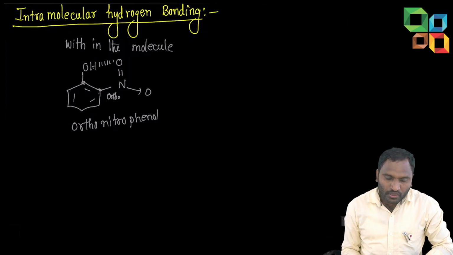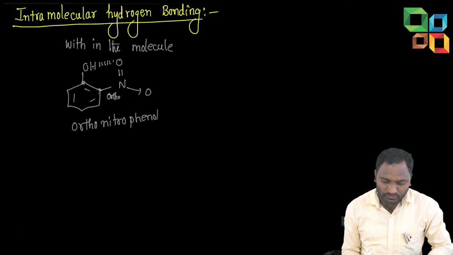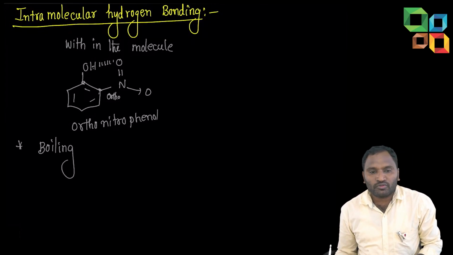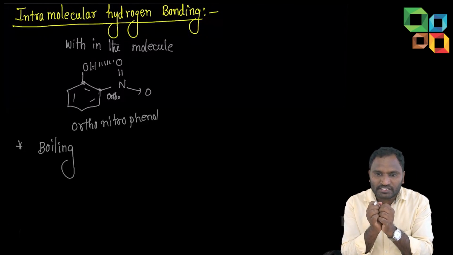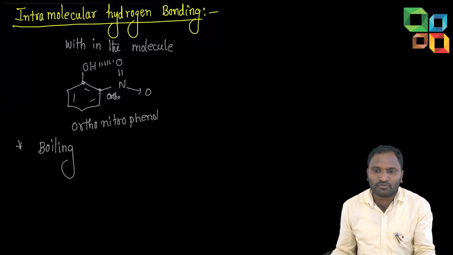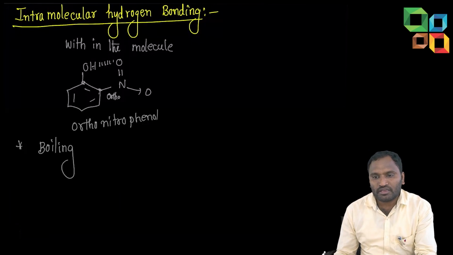So boiling point decreases because of intramolecular hydrogen bonding. Boiling points mainly depend on molar mass and van der Waals forces of attraction. If surface area is less, van der Waals forces of attraction will be less. If van der Waals forces are less, boiling points will be less.